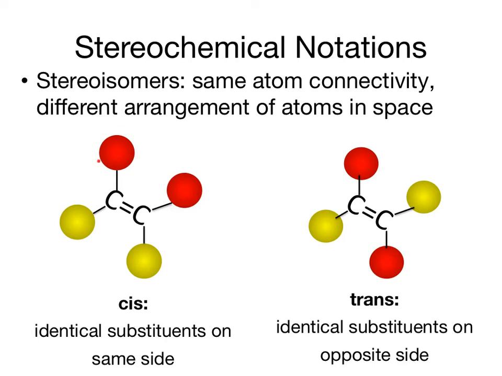Cis molecules are when identical substituents are on the same side of the bond, so not bonded to the same carbon, but bonded to the same side of the double bond, because remember, a double bond has that sp2 geometry and is trigonal planar, so it's flat. Trans configurations are when those identical substituents are on opposite sides of the double bond. So you can see here that in the cis conformation, yellow on one side, red on the other, and you can see in the trans conformation that they lie on opposite sides of the double bonds.